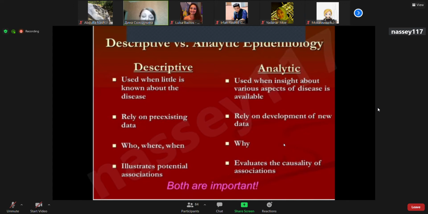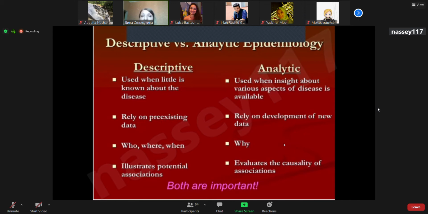The questions which we can answer by descriptive epidemiology are who gets a disease, where people get a disease, when people get a disease. For example, we will show distribution of the disease by age groups, by gender groups, by places, by time.